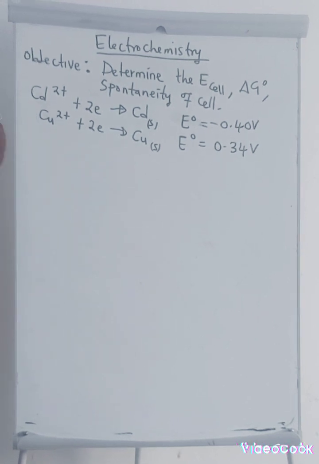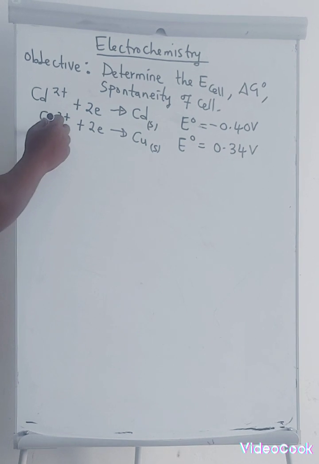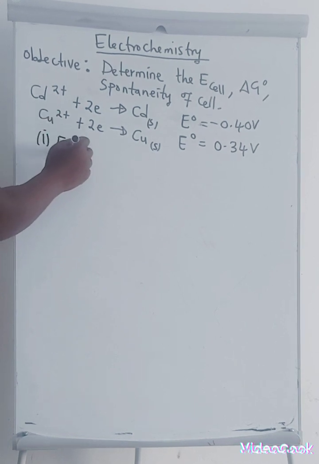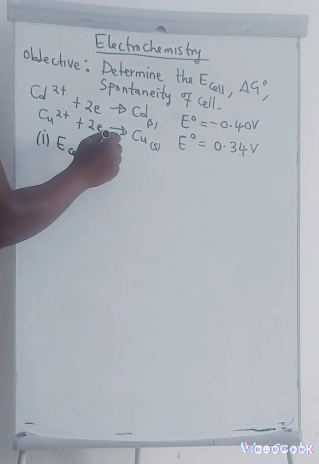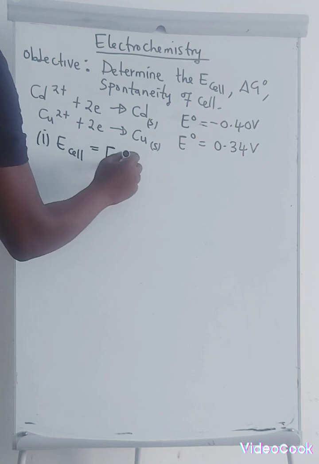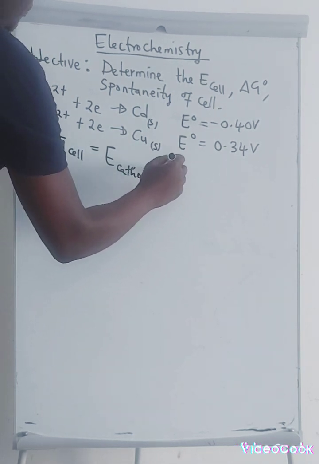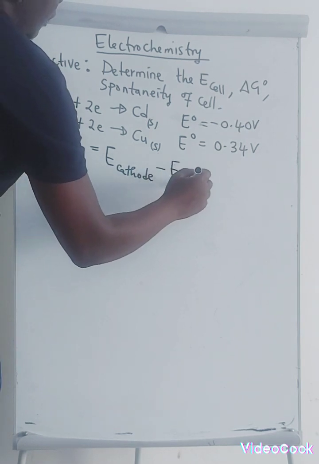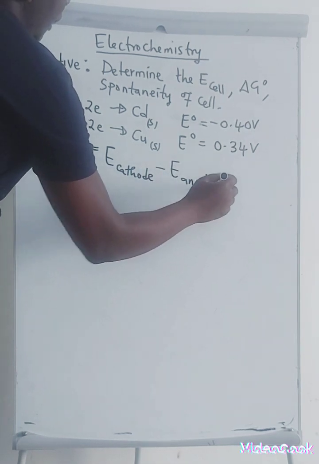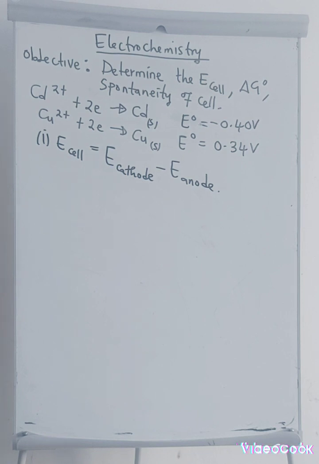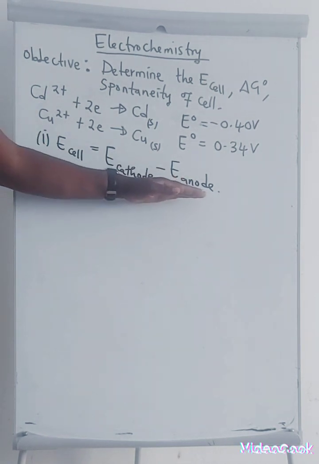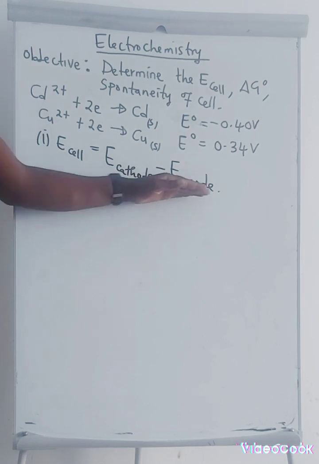So we start with the E cell. E cell from reduction potential is equal to E cathode minus E anode. How do you choose the E anode and E cathode?